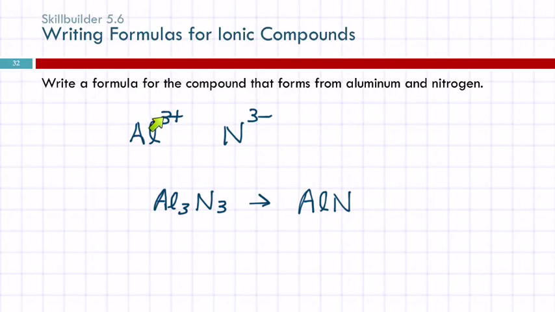Here we have +3 and -3. We don't really need to crisscross. We just need one of each of them. If the numbers are not the same, if this is 3 and this is 2, then we should crisscross. Or if this is 3 and that's 1. But if the numbers are the same, you can just push those two together and their charges will add up to 0. If you prefer to crisscross and simplify, that works also. But this is the correct answer, AlN.